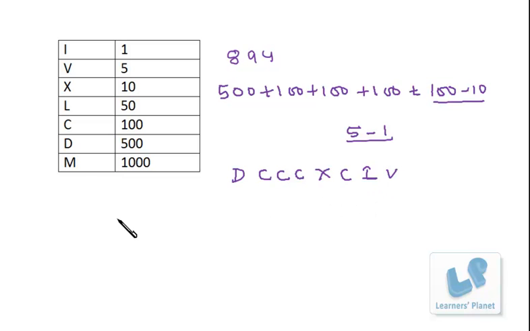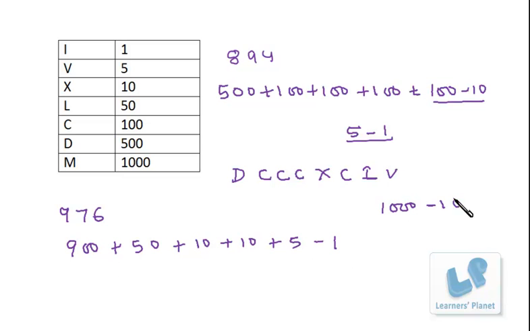Okay, similarly, let's take 976. Okay, so how do we write 900? First of all, let's break it. It's 900 plus 50 plus 10 plus 10 plus 5 plus 1. Now how do we write 900? It is 1000 minus 100.